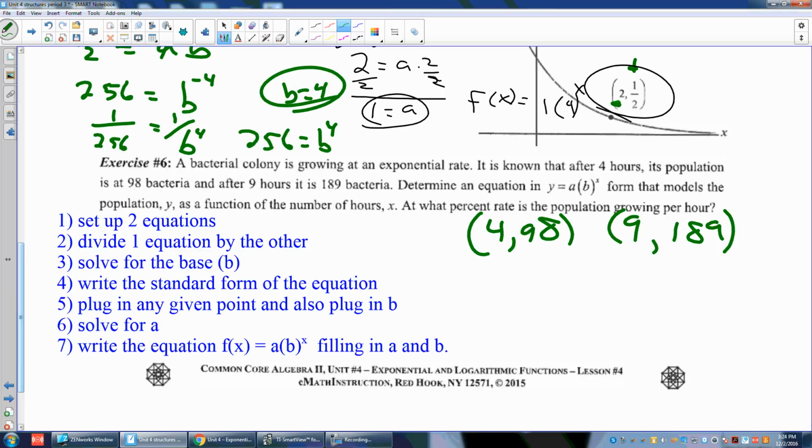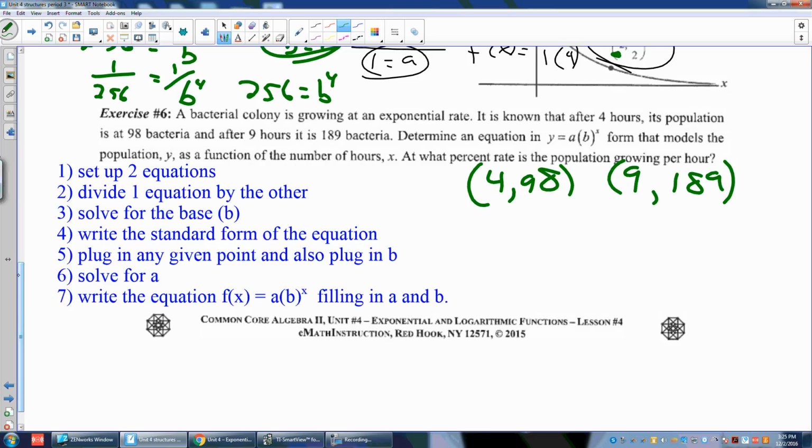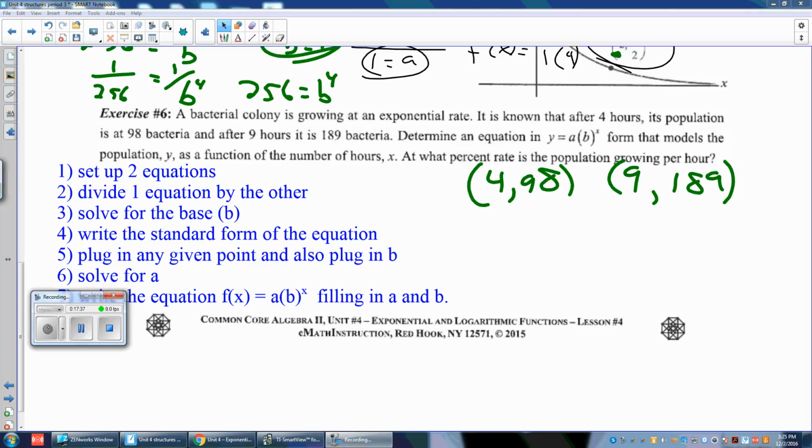Determine an equation in y equals a times b to the x form, where y is the population as a function of the number of hours x. At what percent rate is the population growing per hour? Good, the units are still in hours. It's exactly like the previous question. Step number 1, set up the two equations.